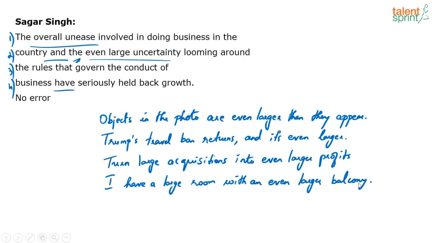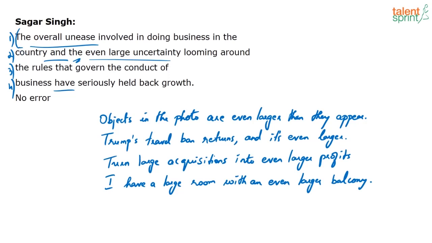So in all this context, there's a little bit of comparison happening, right? If you look at the context, the overall unease involved in doing business in the country and the even larger uncertainty. So in comparison to not just this factor alone, I have another one in addition to this, which is an even bigger pain.